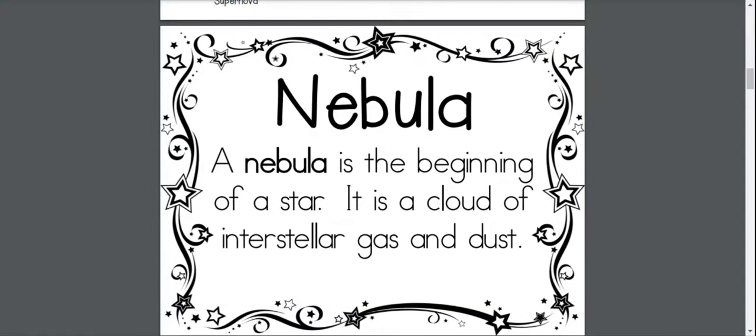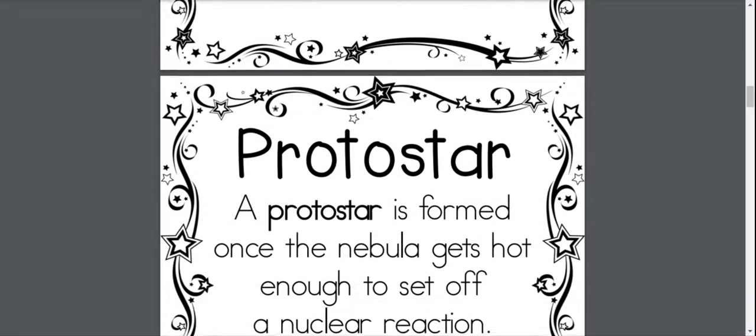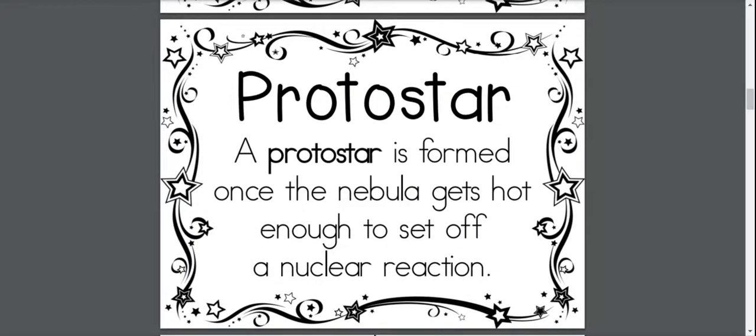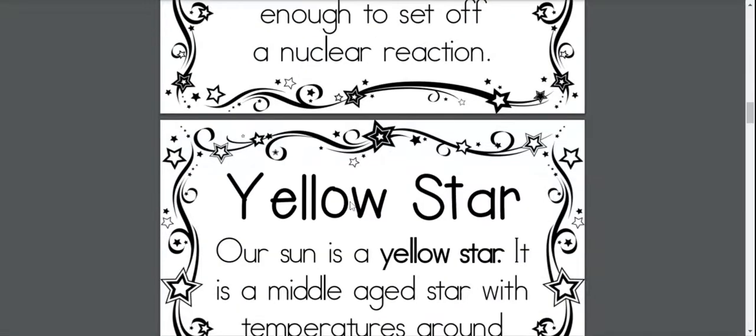So let's talk about some vocabulary. All stars begin as a nebula. It's a cloud of gas and dust. Then they all become next a protostar. And it becomes a protostar when that nebula gets so hot and it actually sets off a nuclear reaction.